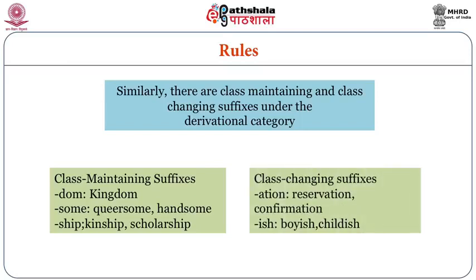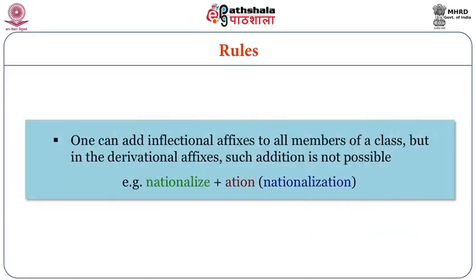In the same way, we have class changing suffixes like ation, like reservation, confirmation, or we have ish, like boyish, childish, etc. One can add inflectional affixes to all members of a class, but in the derivational affixes, such addition is not possible. Nationalize plus ation, nationalization.